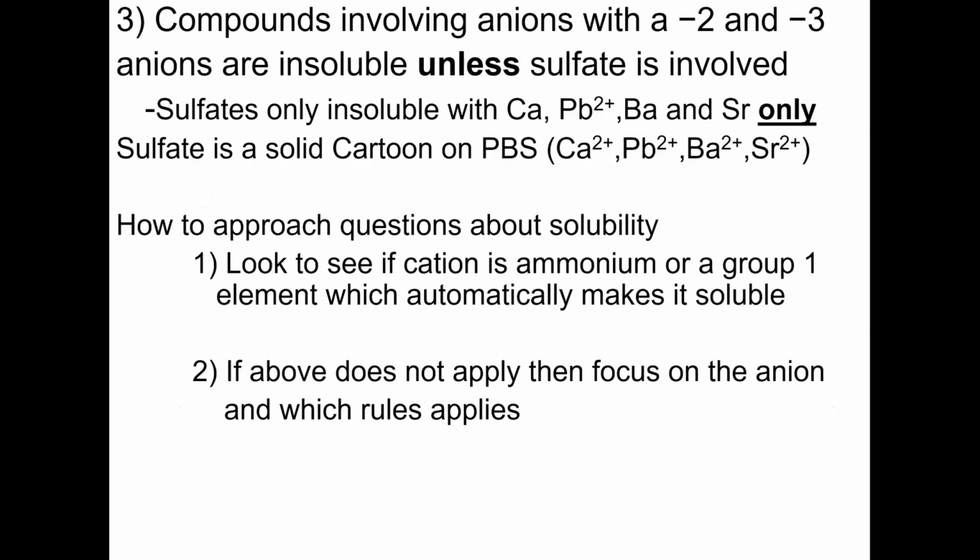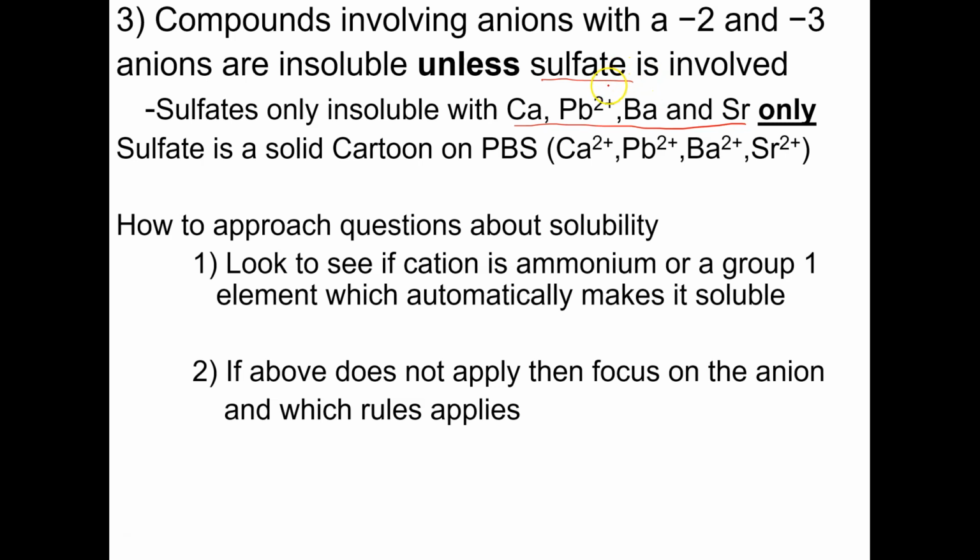All right, compounds involving anions with a -2 or -3 charge usually are insoluble. So if you have to guess, with a -2 or -3 anion, you can assume it's insoluble. The only time you have to look at it carefully is if there's sulfate involved. Sulfates are usually soluble. So if you have a compound with a sulfate, typically they are soluble. The only time it's insoluble is with these four: calcium sulfate, lead-2 sulfate, barium sulfate, strontium sulfate.